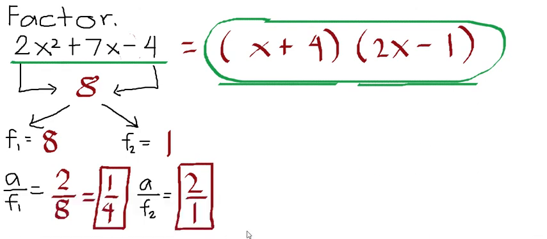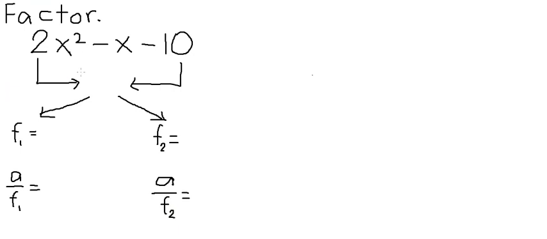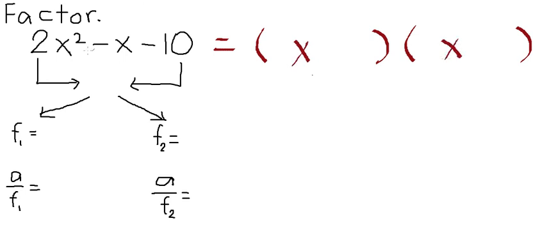Let's proceed to our fourth example. 2x squared minus x minus 10. First step, prepare two sets of parentheses. First factor times second factor. Then, x, ano ang sign ng middle term?